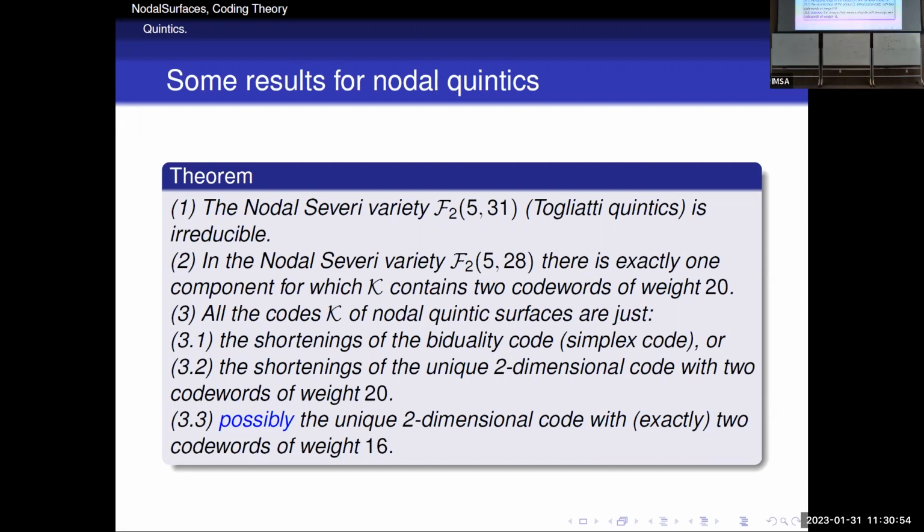All the codes of nodal quintic surfaces are known, either shortenings of the bipartite code or shortenings of this unique two-dimensional code with two code words of weight 20, but there is one case which evades our present answer. We don't yet know all the answer for now.